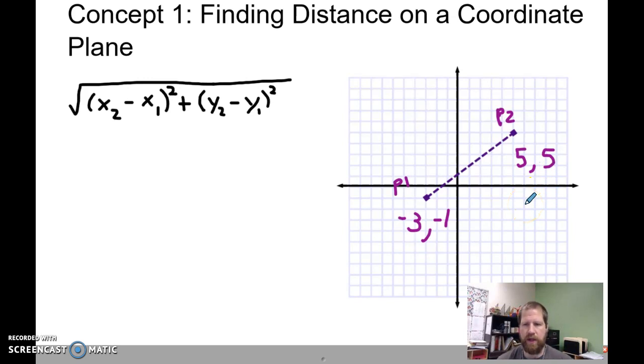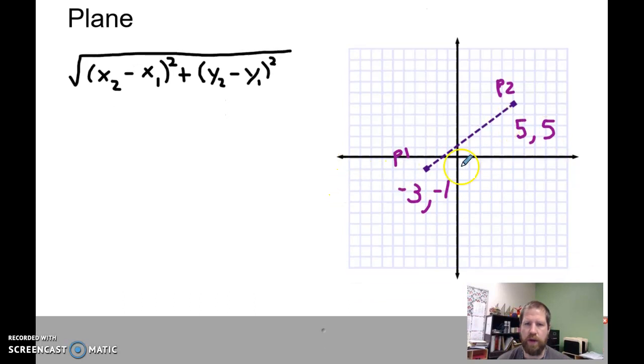Now we're going to subtract our points to get the lengths of the legs of our triangle, which would look something like that. Our x value for point 2 is going to be 5, and then our x value for point 1 is going to be -3, so minus a -3.